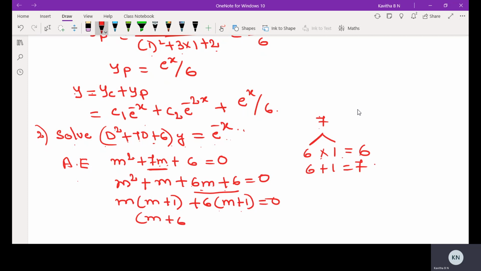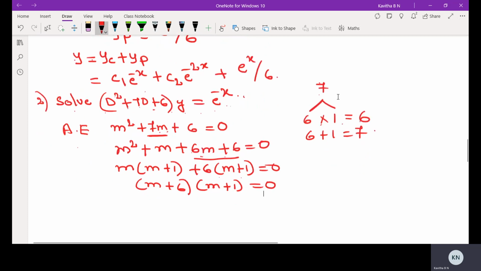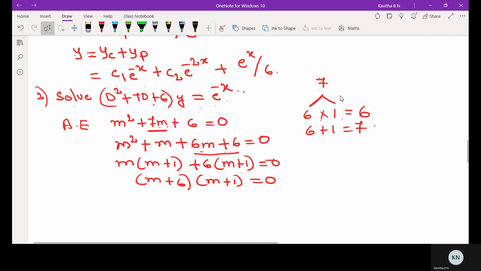Then m plus 6 into m plus 1 is equal to 0. Here m plus 6 is equal to 0, m plus 1 is equal to 0. Then 6 shifted to the RHS side becomes minus 6. M is equal to 1 shifted to the RHS side, minus 1.